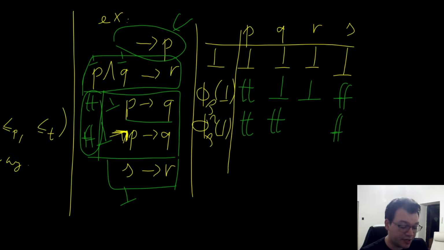Now for R, I have P and Q which is true and unknown. Well, true and unknown is unknown. You can check the infimum operator in the truth ordering. So I have unknown on one of the clauses, and S is false at this point.